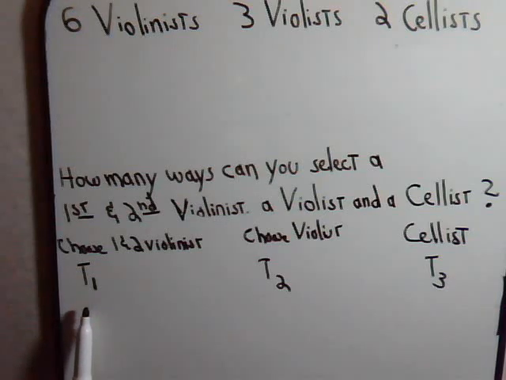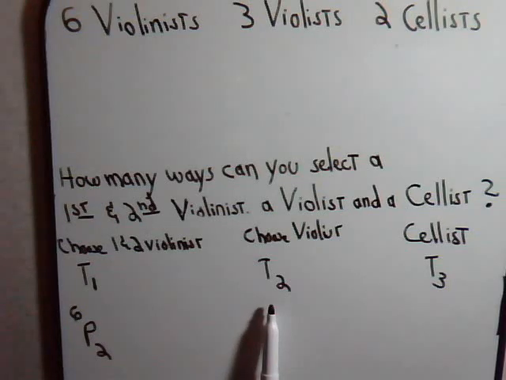Now here, this is not a combination problem. Now this is a permutation problem, because in this case now, the order matters. So the number of ways that we can perform this, that is choose a first violinist and a second violinist amongst the six, is this permutation. We have six violinists, we're going to choose two of them, the order matters.